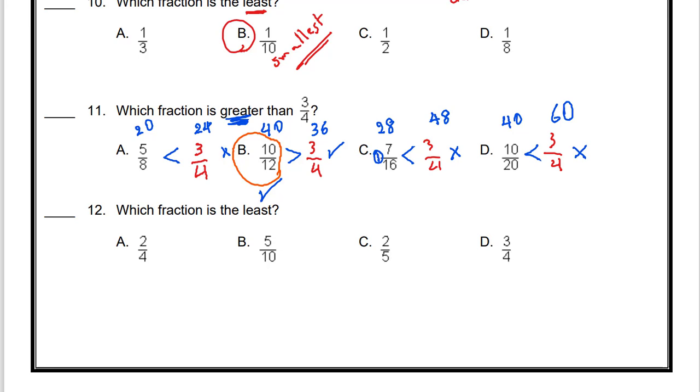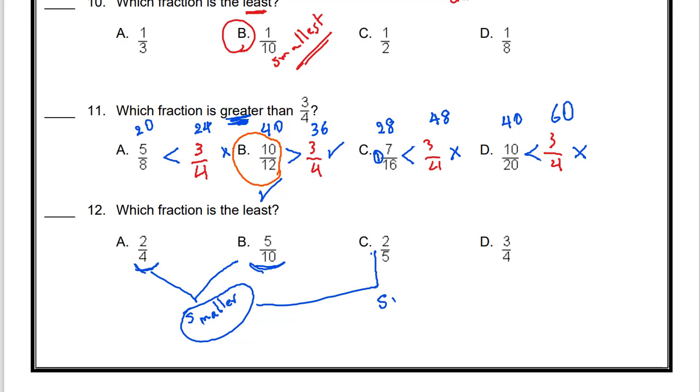We will start comparing by 2/4 and 5/10. So you will compare these two, and you will find which one is smaller, the least. And I will take the smaller and compare it with 2/5, the least from the two.